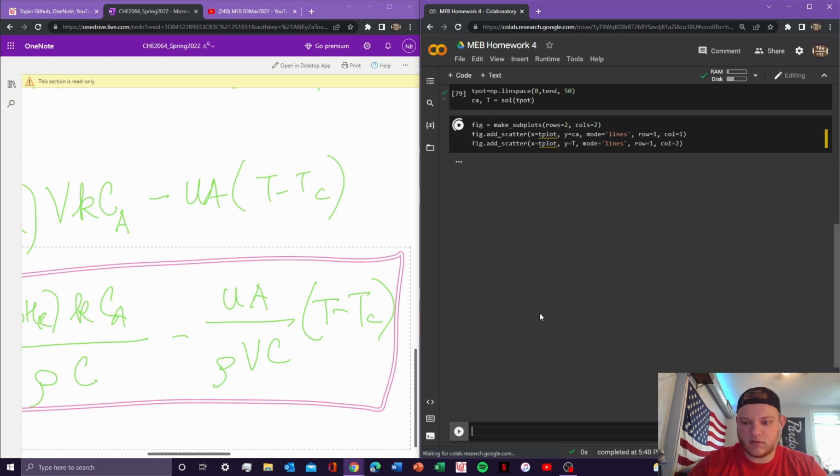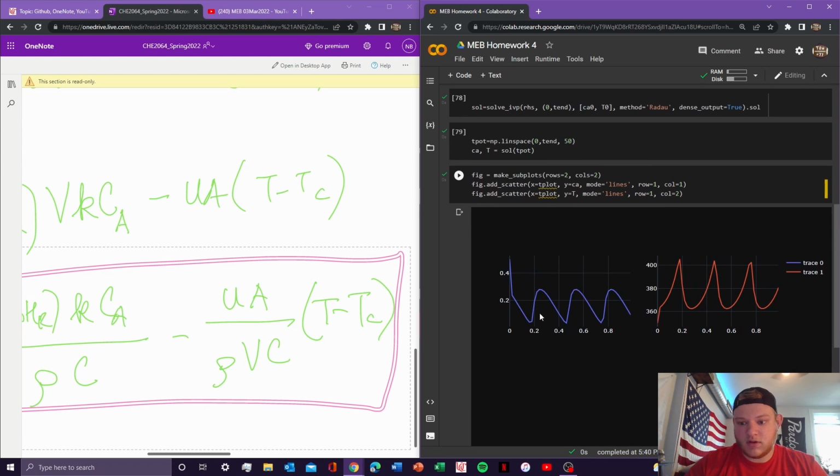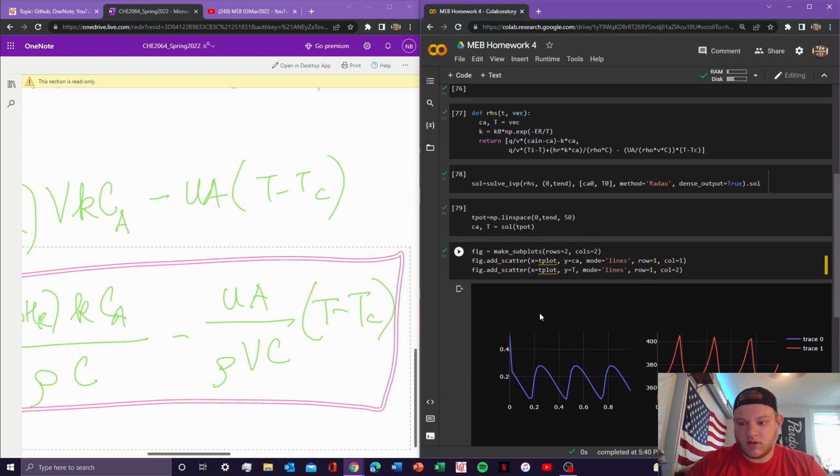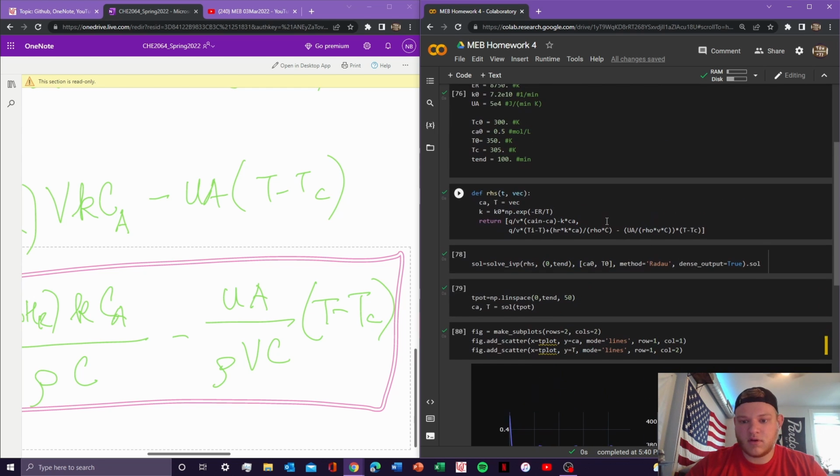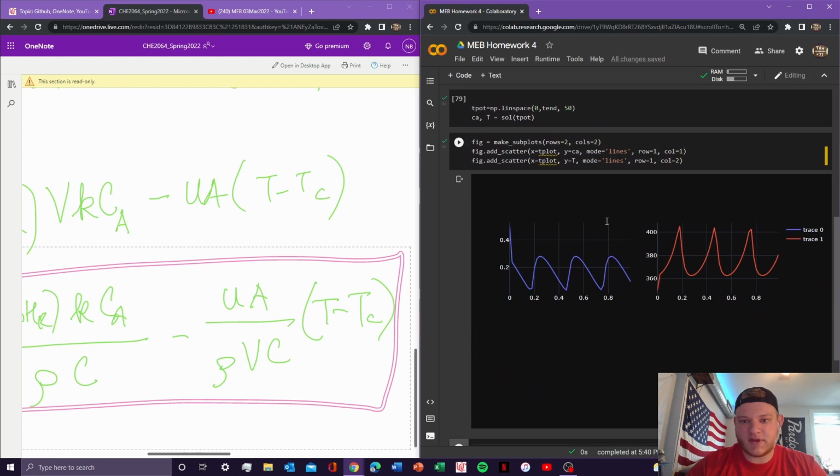Gotta go through everything here. And you can see if we raise the temperature by even just 5 degrees Kelvin, we have this out of control oscillating reaction.